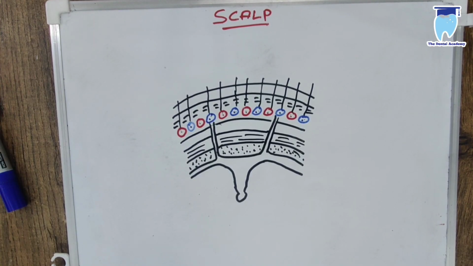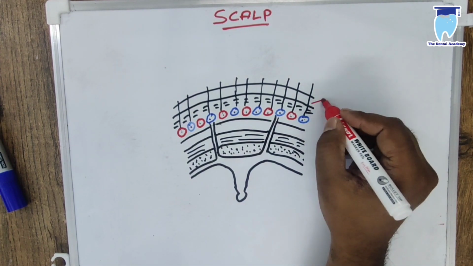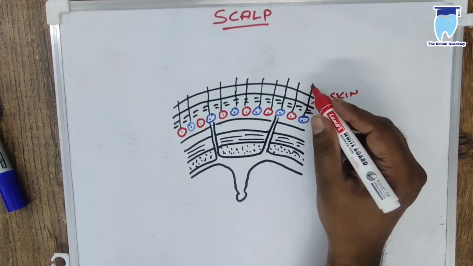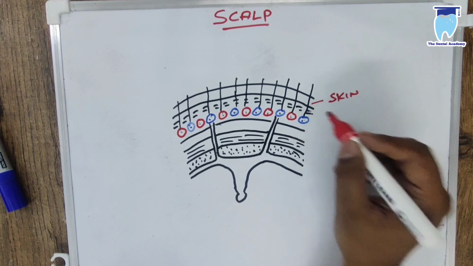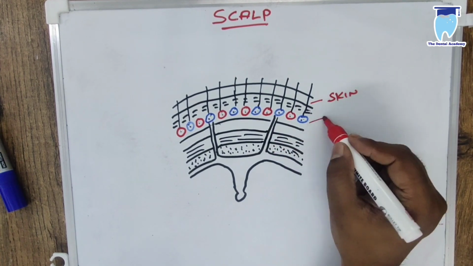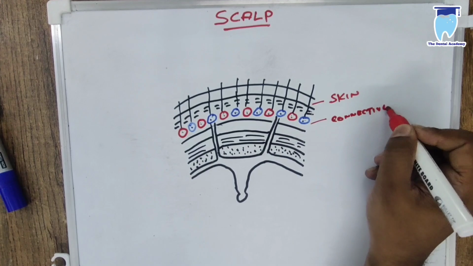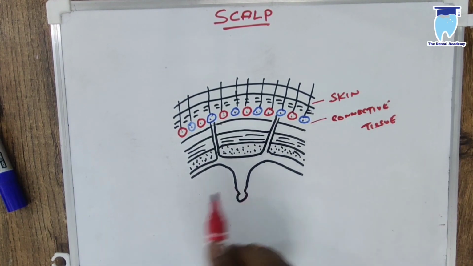As you can see here, this is a representative diagram of a scalp. The first layer is known as the skin, which has the hair follicles and the sebaceous ducts. You can see these are the hair follicles. This is the second layer, also known as the connective tissue or superficial fascia.